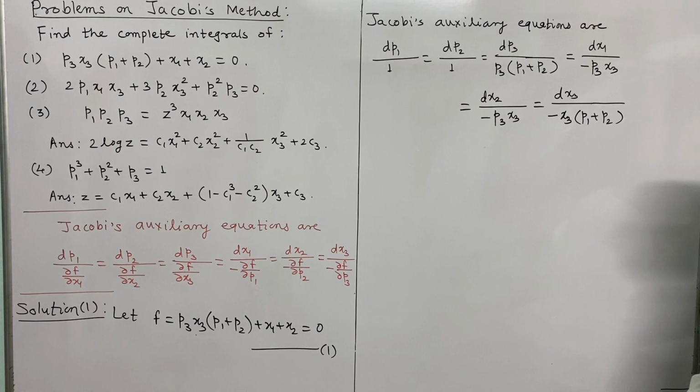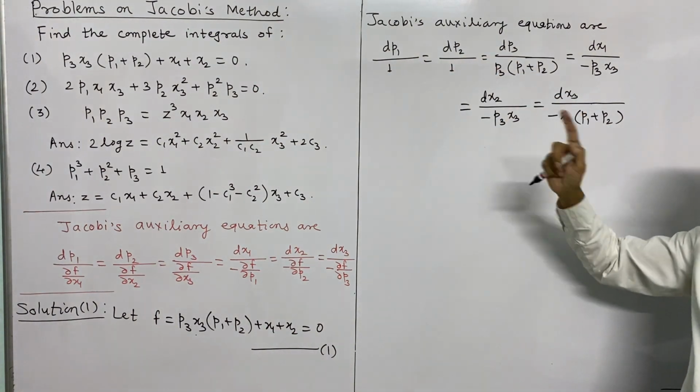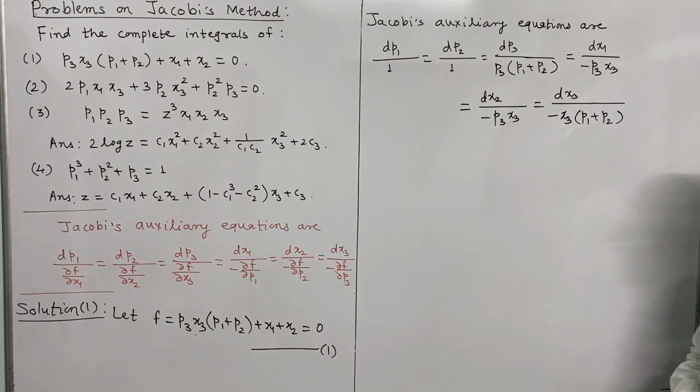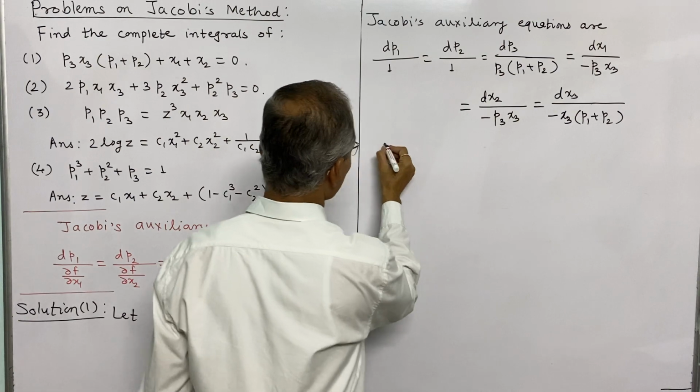We have to group these so as to get the values of p1 and p2. We solve it for p1 and p2, and it is easy to observe that we have dp1 is equal to dp2, and integrating we will get p1 is equal to p2. That is, taking first two ratios.